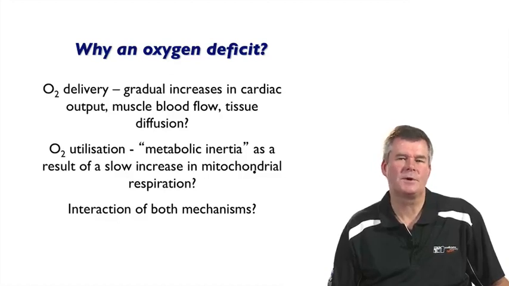And of course, it's possible that both systems might be involved. A number of experiments over the years have tried to identify, is it oxygen delivery, is it oxygen utilization? And depending on the exercise intensity and the situations of those experiments, results have been obtained in support or against either mechanism. So probably both contribute to some extent.